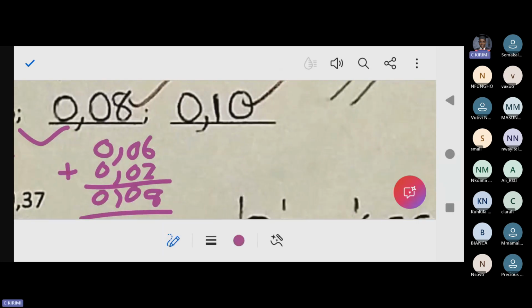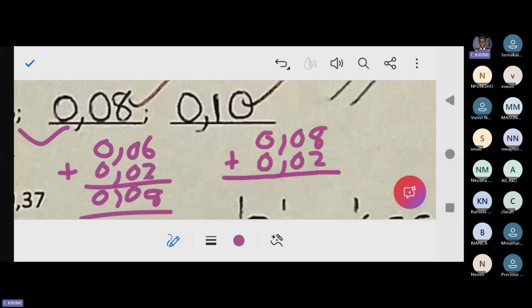Then you add again from 0,08. You add again plus 0,02. 8 plus 2, that's 10. 0, carry 1. You put a 1. 0,10. That 0 is just a placeholder.